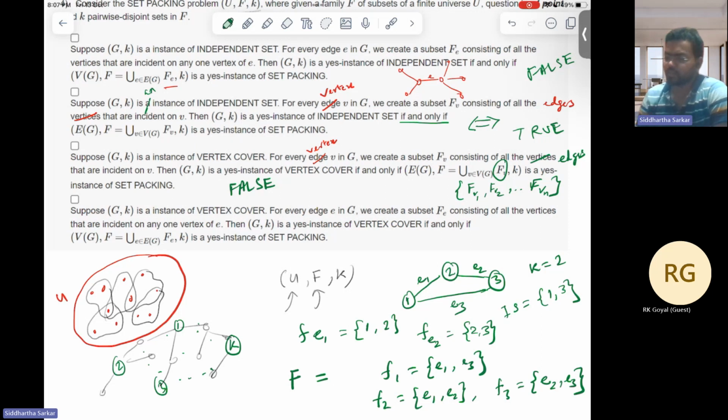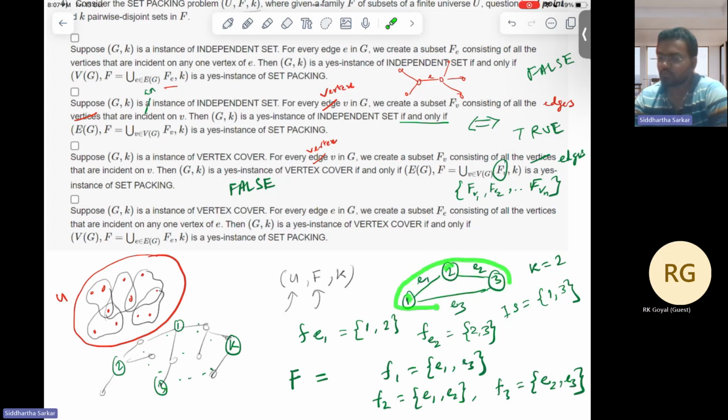So this is also like the previous one. In this case, for example, the vertex cover size is 2, it is 1 and 2. The family corresponding to the edge E1 will be 3, 1 and 2, since 3 is incident to 2, 1 is incident to 2, and 2 is incident to 1.